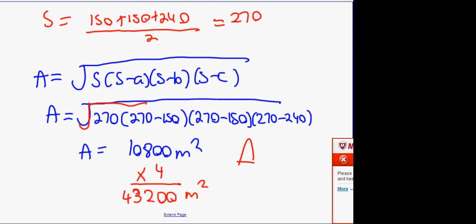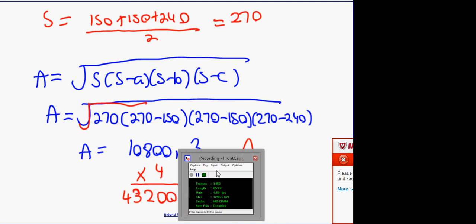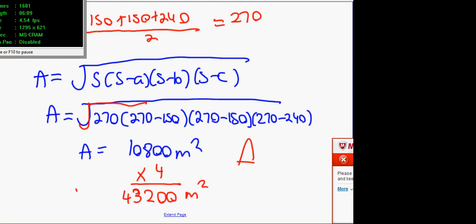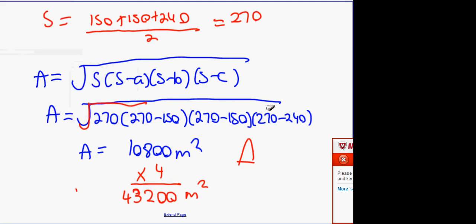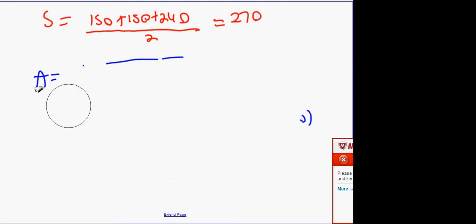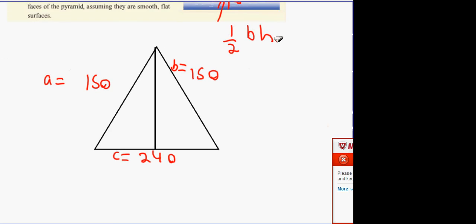Alright guys, I was asked to verify this using the second method for the same question. I'm going to do that now. Somebody might have done this a different way in the Leaving Cert.